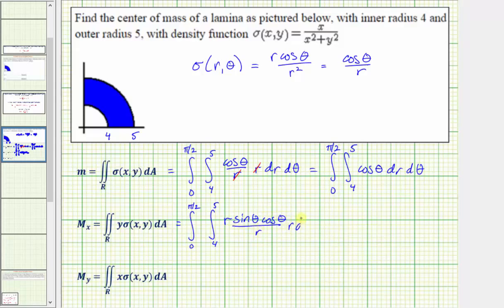And again, we have r dr d theta. So this simplifies to 1. So the moment about the x-axis is equal to a double integral over the region R. And the integrand function is going to be r sine theta cosine theta dr d theta.